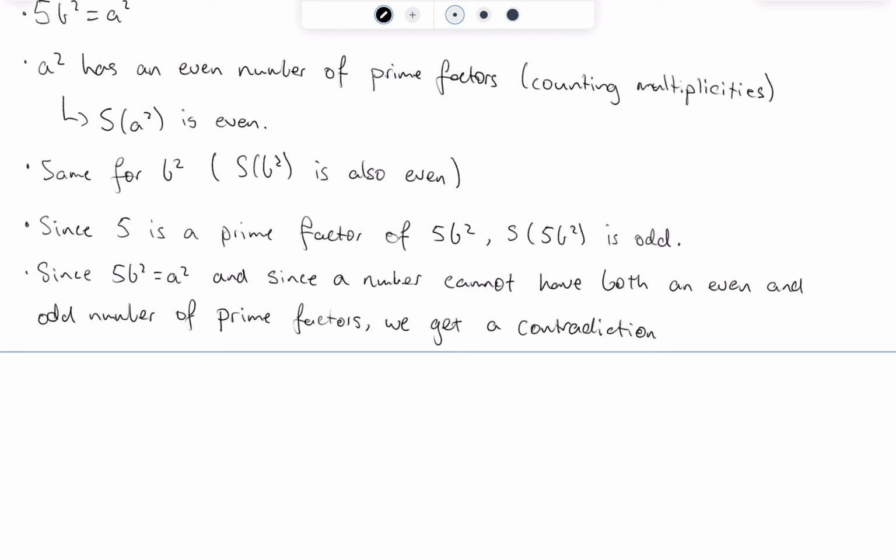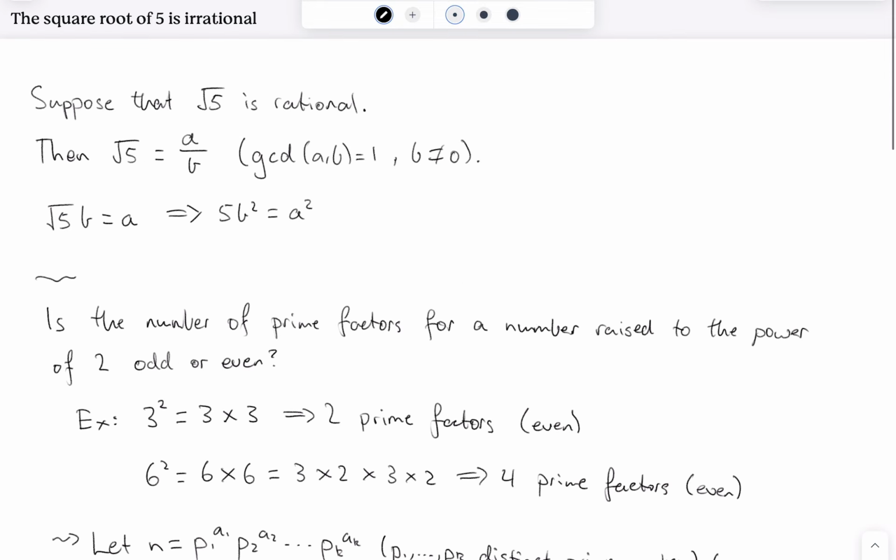And remember that all of this started because we assumed for a contradiction that root 5 is the ratio of two integers a over b. We got this equation from that just by playing around with it. And we found that this equation could not exist because of the prime factorizations.